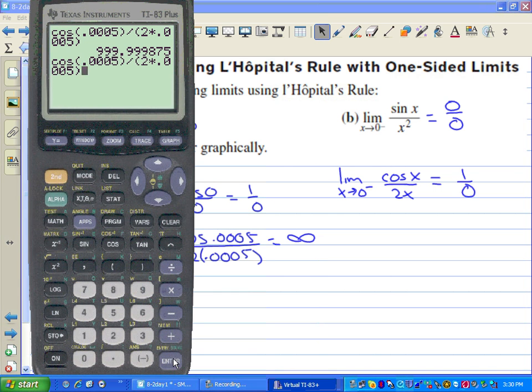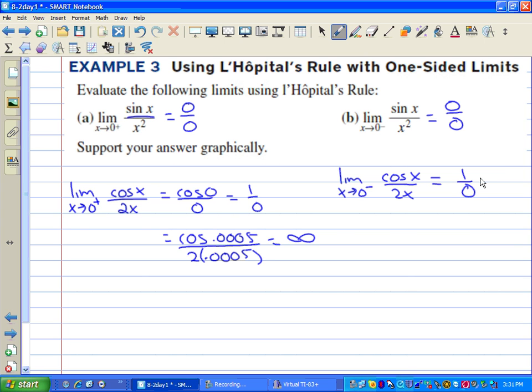So I'll do an entry, get that back up, do an insert, make it negative, and go all the way over here, do an insert, and make that negative also. And we get negative 999. So this thing is actually approaching negative infinity. And there we have it.